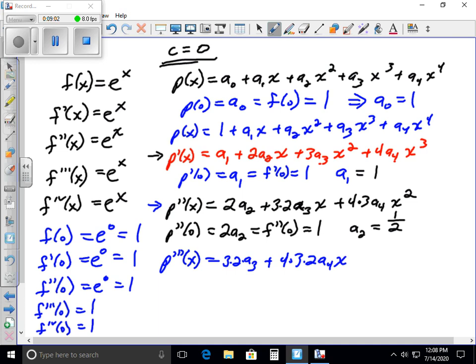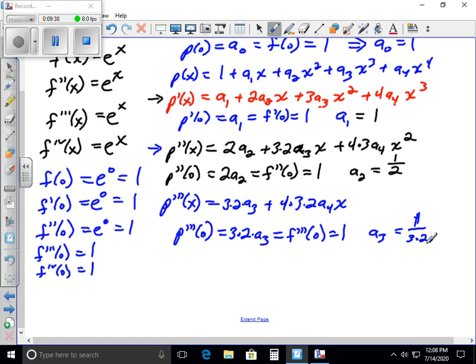And I'm leaving that as 3 times 2 and 4 times 3 times 2 for a reason, to help us see a pattern that we're going to get to momentarily. Normally you would multiply that out, but in order to better see our pattern, I'm just leaving it. So when we substitute a 0 in there, we would get 3 times 2 times a sub 3. That should equal the third derivative of f at 0, which is 1. So a sub 3 is 1 over 3 times 2.